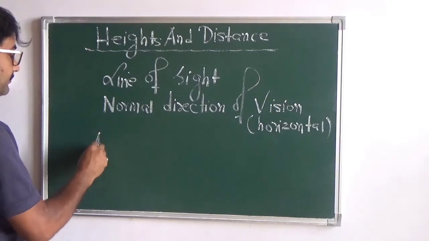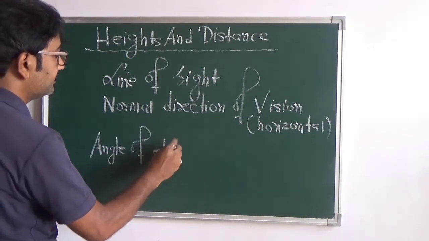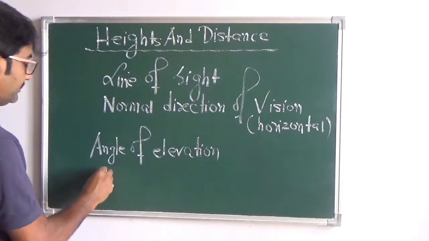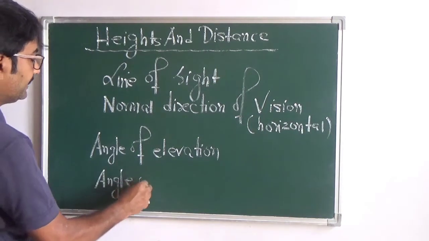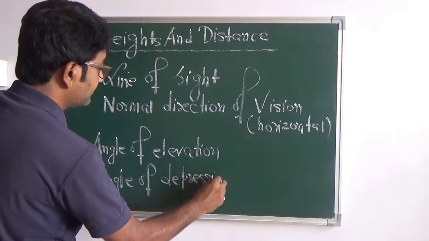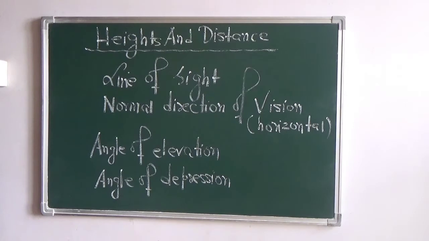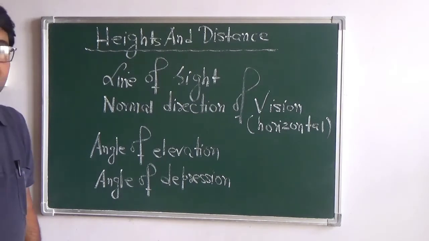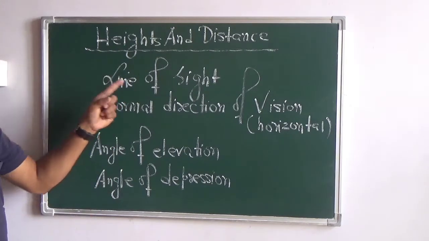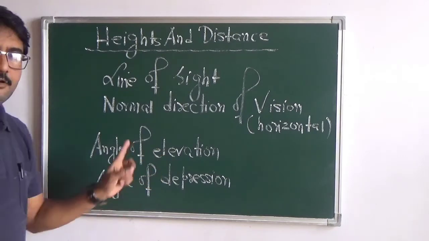Then we have angle of elevation, and finally we have angle of depression. So before we start with heights and distance, let us first understand these few terms related to this chapter: line of sight, normal direction of vision, angle of elevation and angle of depression.